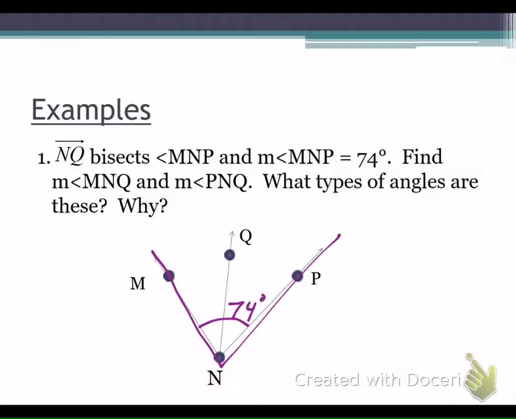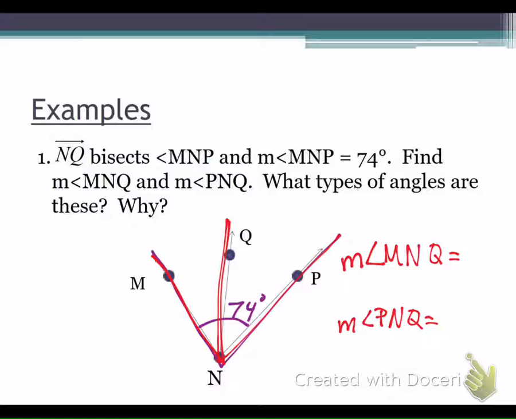They want us to find the measure of MNQ and the measure of PNQ. So I'll write those off to the side. The measure of angle MNQ equals the measure of angle PNQ equals.